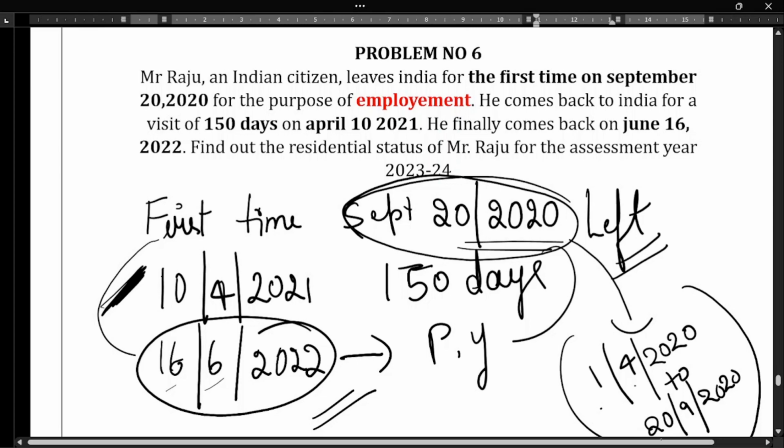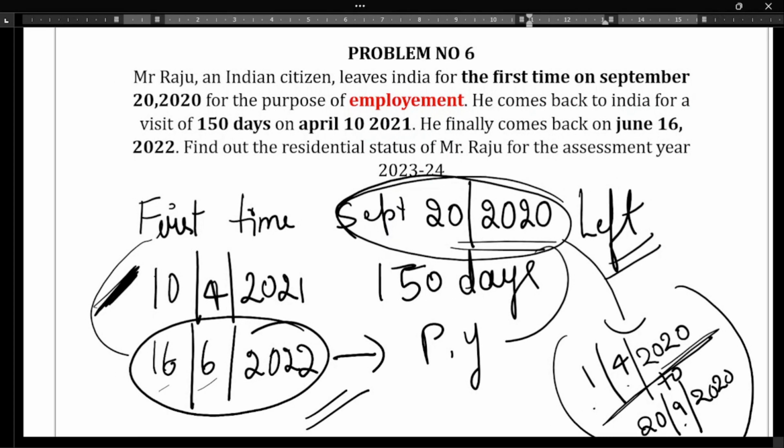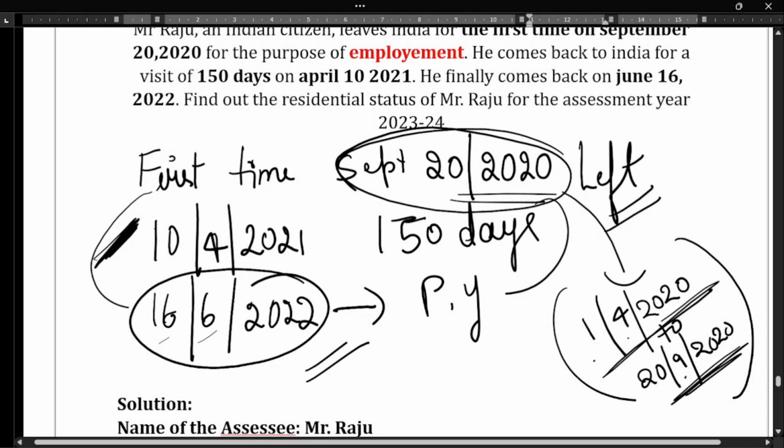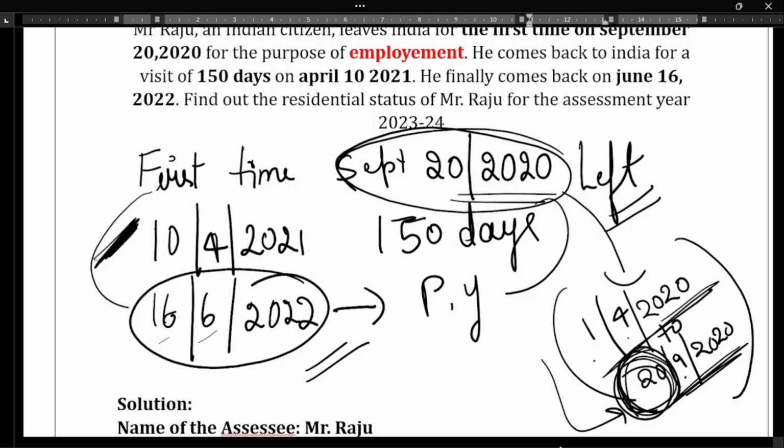According to the rule, the day he came to India or the day he left India should also be considered.